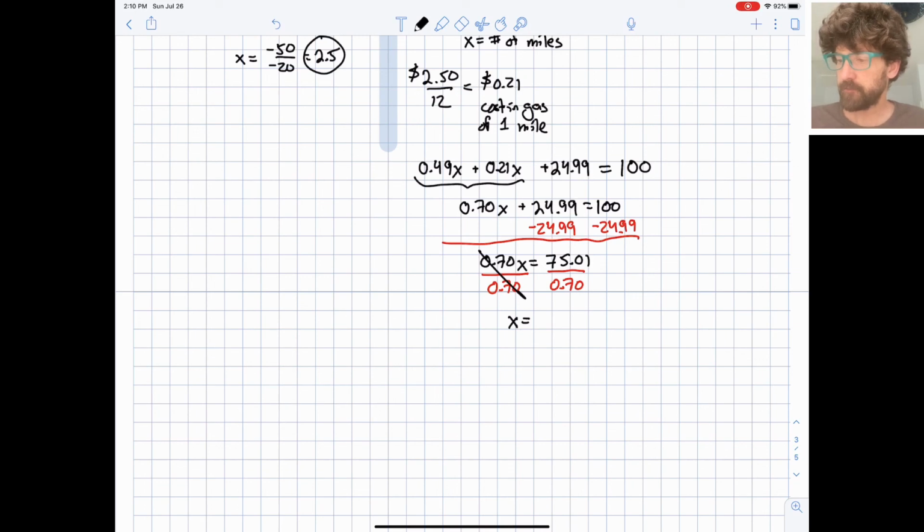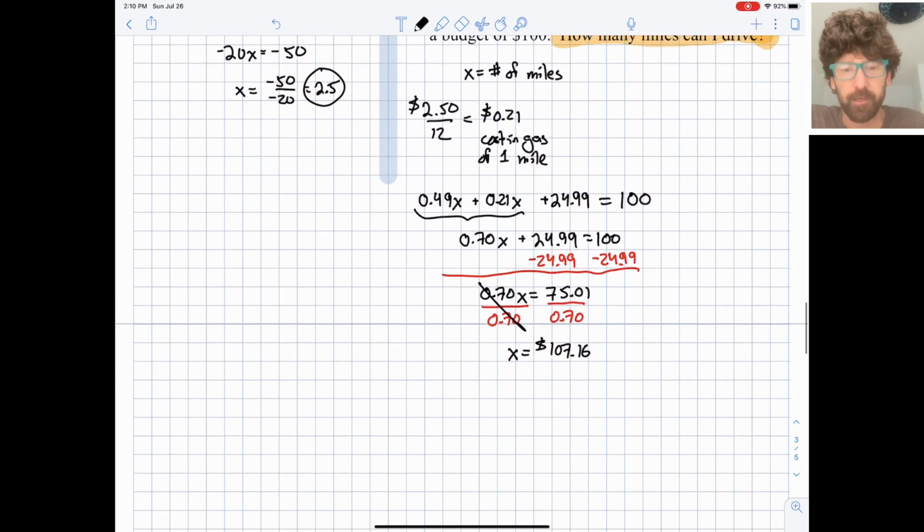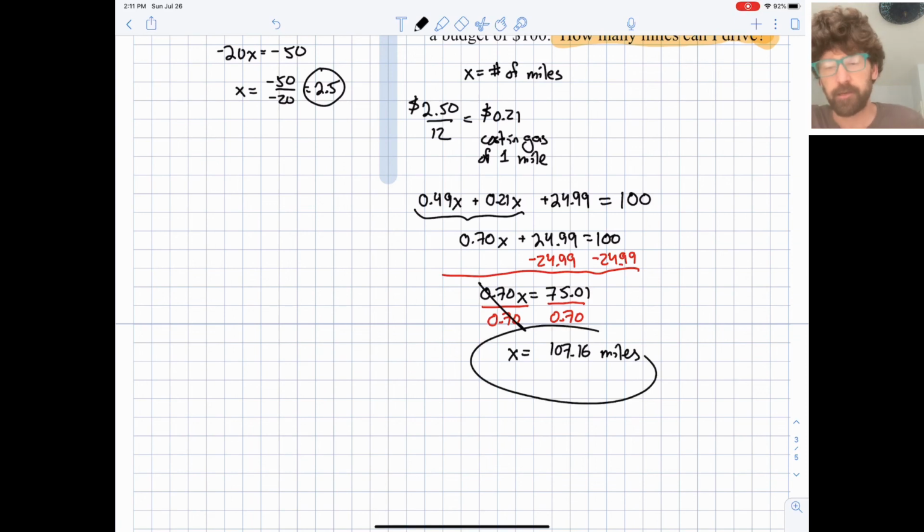And let's do that division on my calculator here. Looks like I get a 107.16. And maybe you see the mistake I just made. x up here is a number of miles. I drew in a little dollar sign. x is not dollars, x is miles. So we can drive 107 miles. Okay, that's a good place to stop right there.